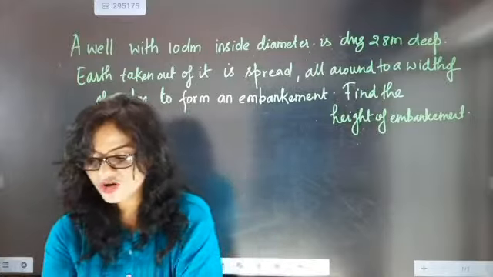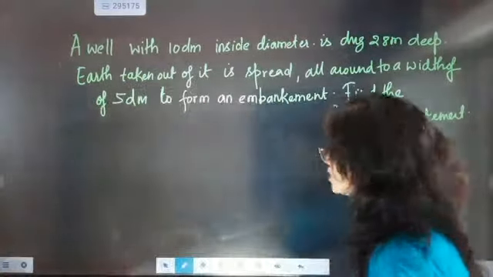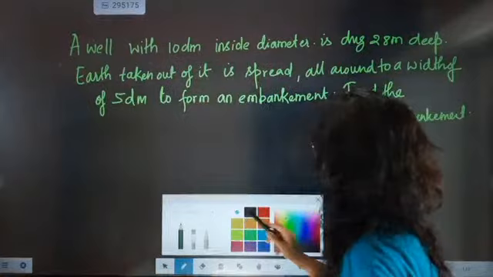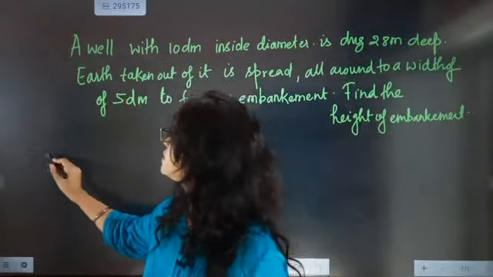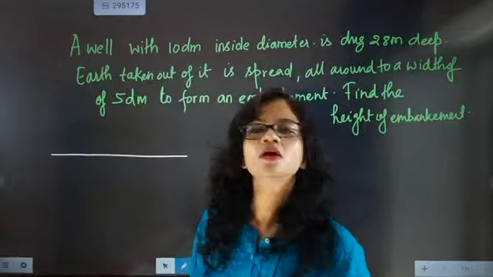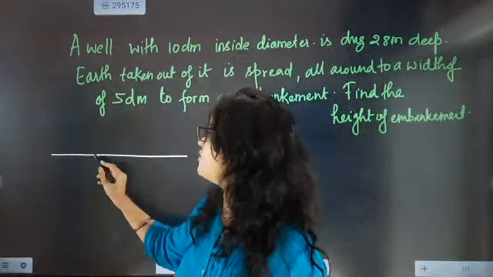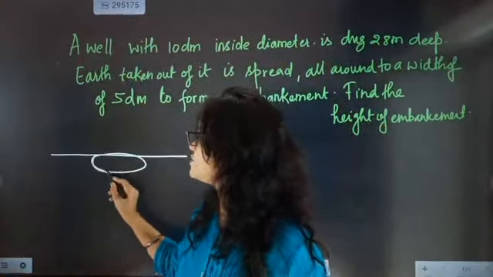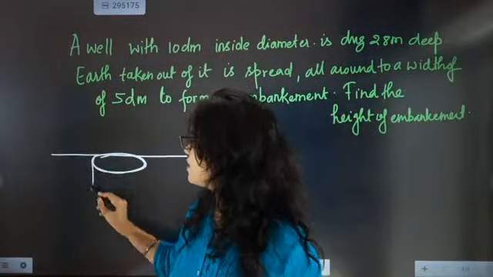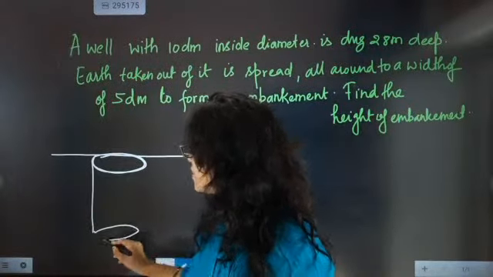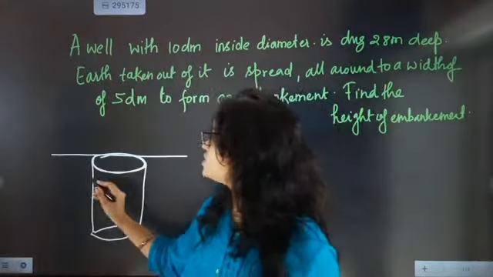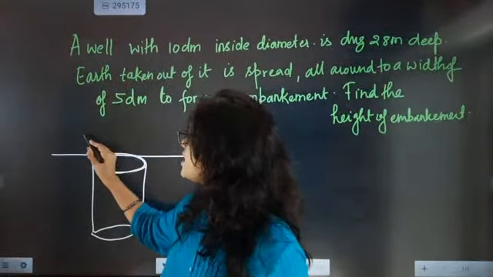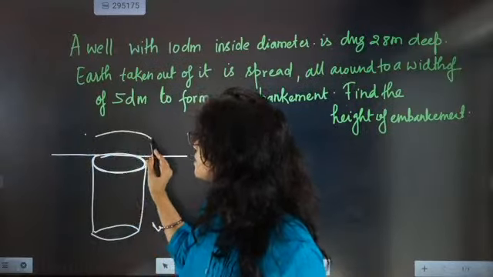Okay, what is the meaning of embankment, Krisha? Now look here, beta. So this is the land. Now here you are digging a well. Now this well you have taken, whatever soil came out, you are making an embankment around it.